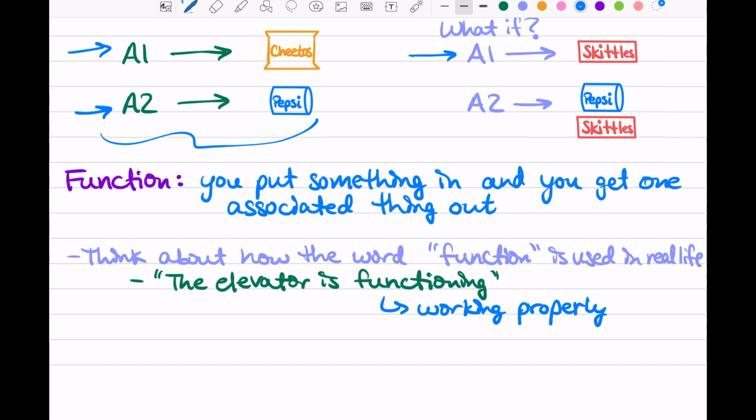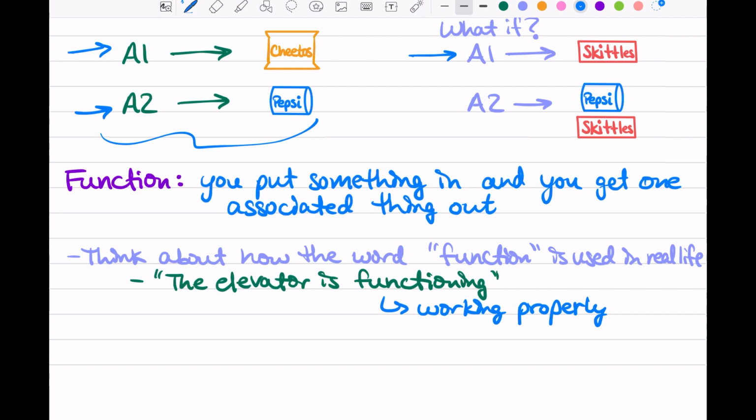They give you a cast to put around your arm. Your broken arm is associated with your doctor giving you a cast. If you show your doctor the broken arm and your doctor gives you some Skittles, you're going to be like, why am I seeing Skittles everywhere? And your doctor is not functioning. He's not working properly. Your broken arm is associated with a cast, and only a cast.